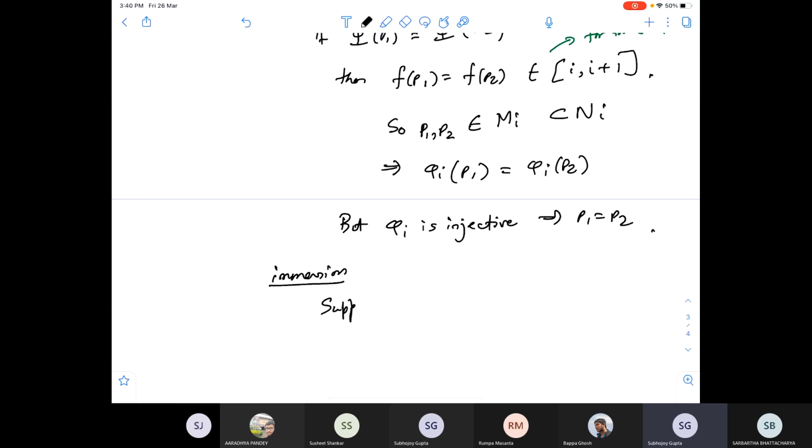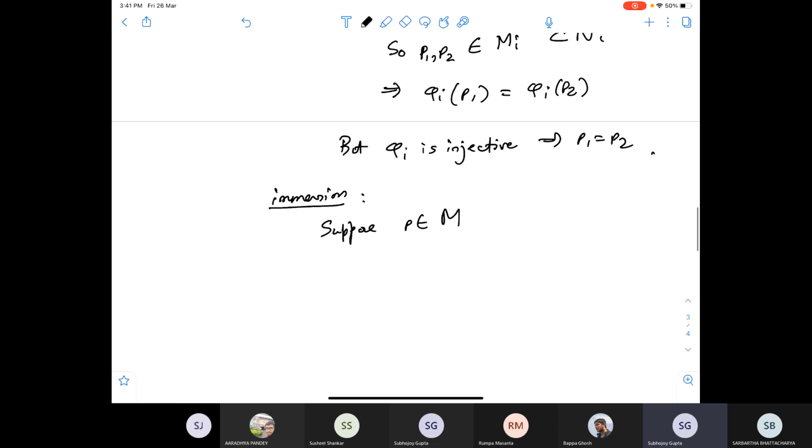Suppose you have some point p in M, and suppose you look at the derivative of phi at p, and you apply it to x.